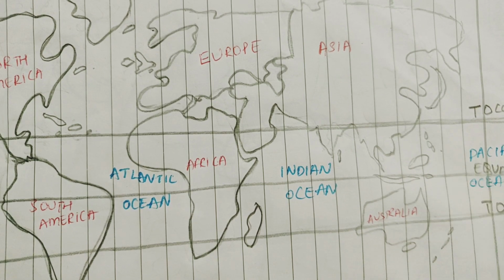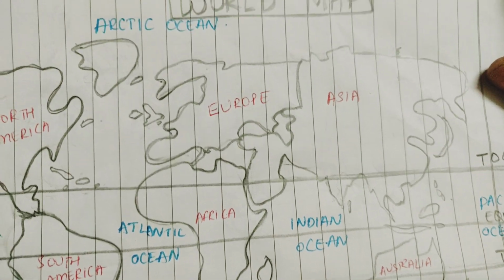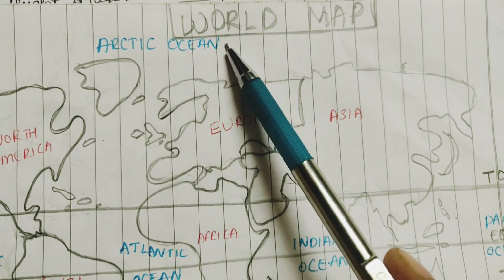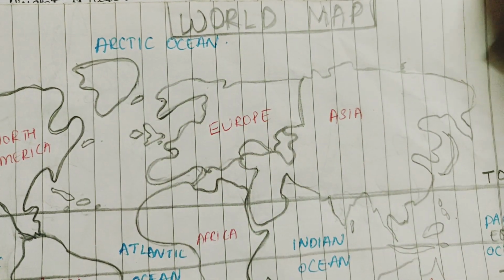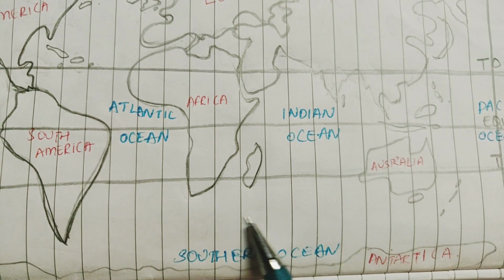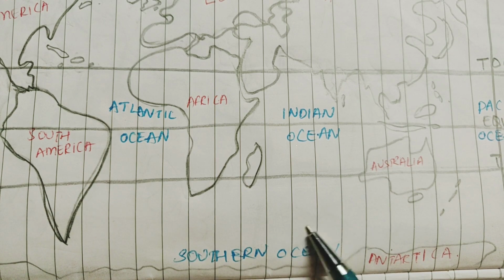And again here we have the Pacific Ocean. So here there is the Arctic Ocean above, and at the below there is the Southern Ocean, that is above Antarctica we have the Southern Ocean.